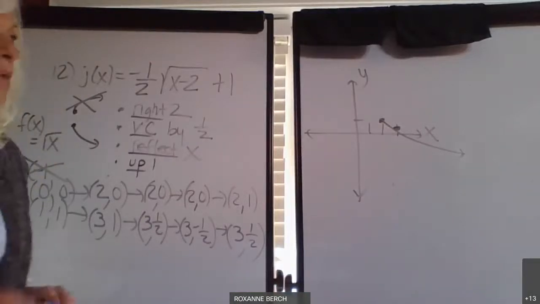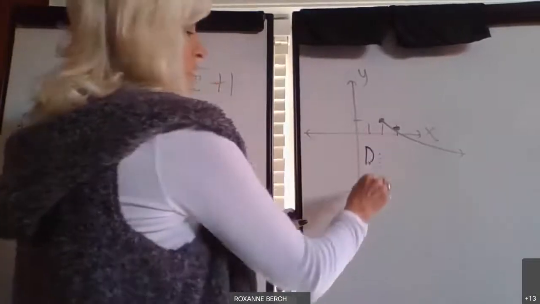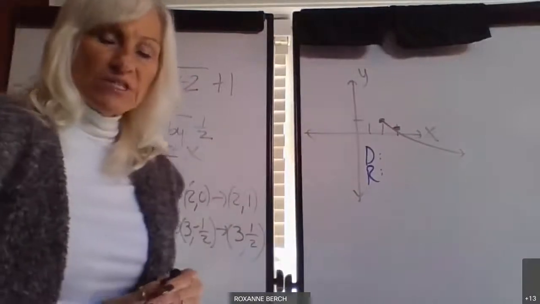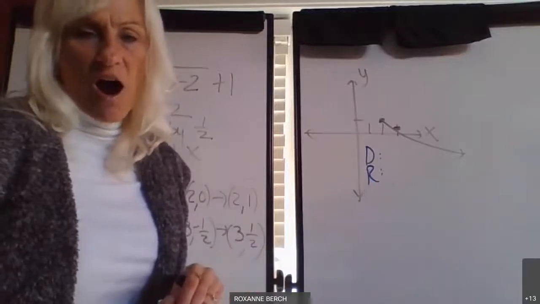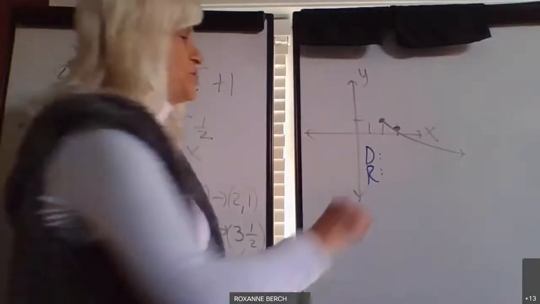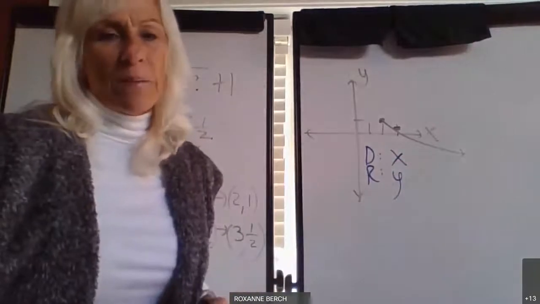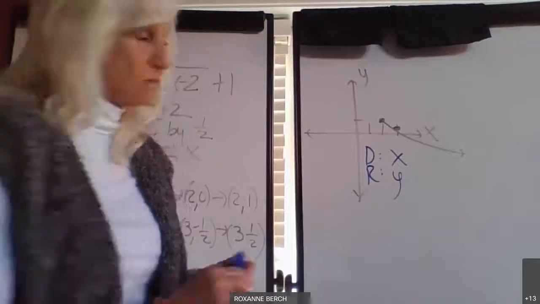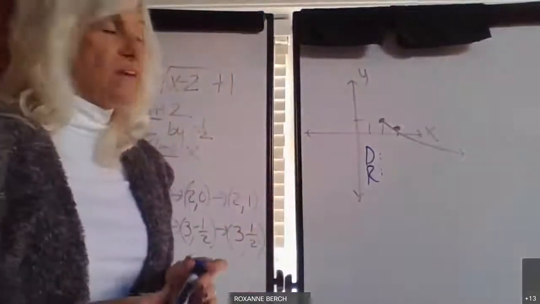So now we state the domain and range. Some people are still having trouble with this, so pay attention. D comes before R in the alphabet, just like X comes before Y. So that's how you remember: domain means X, range means Y. The domain is where the graph exists left and right.